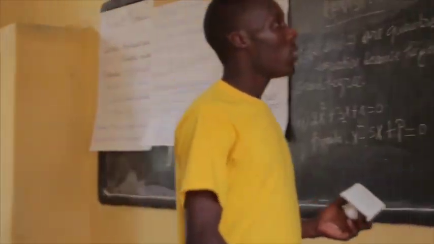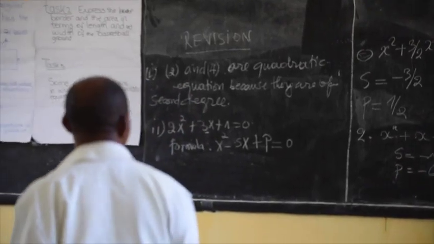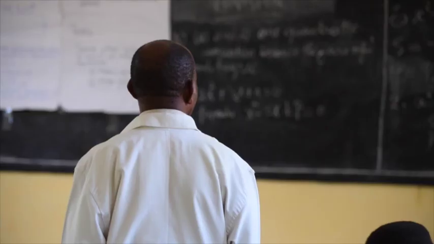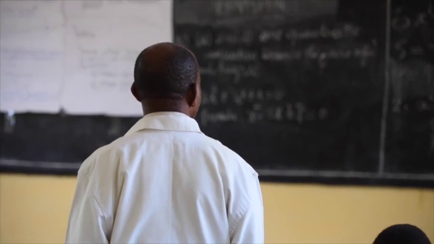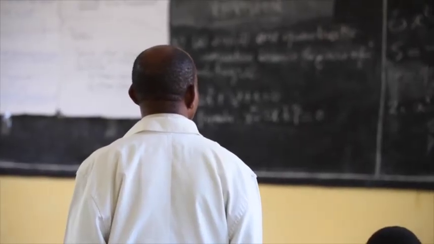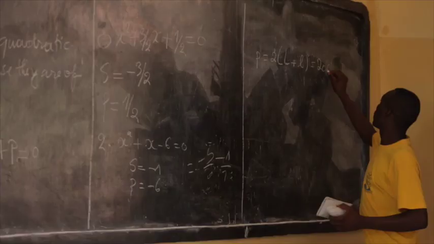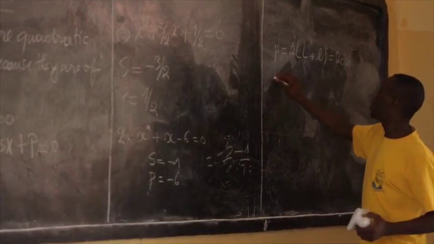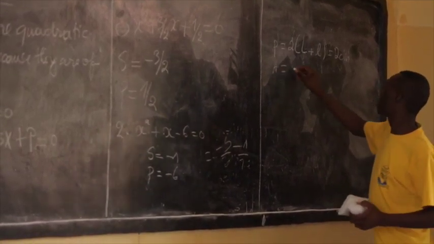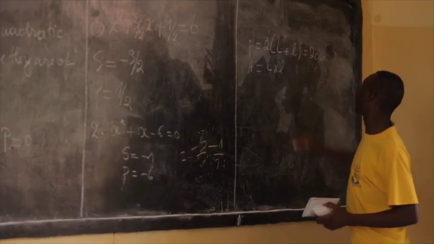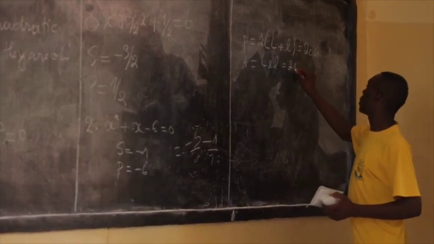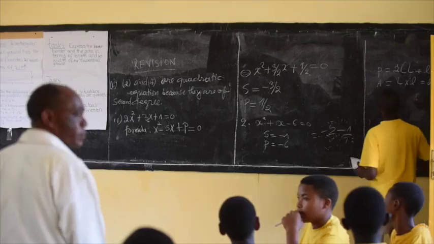Solution. As you know, the perimeter of the garden is equal to 2 times the bracket length plus width, equal to 20 meters, and the area of the garden equals length times width, equal to 21 square meters.